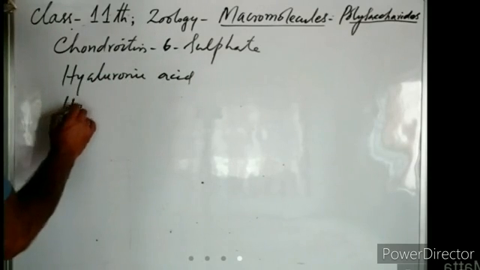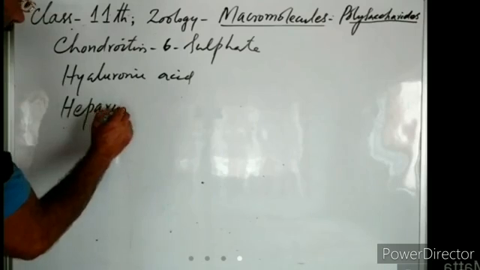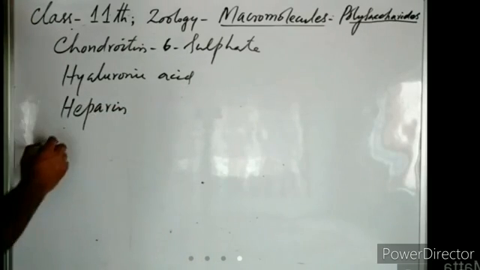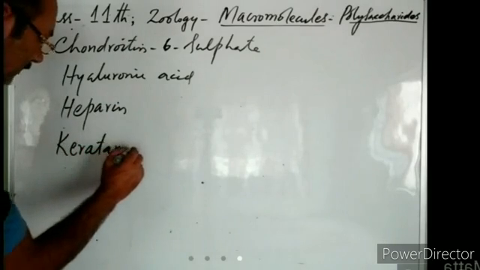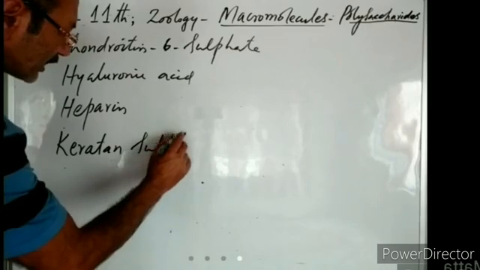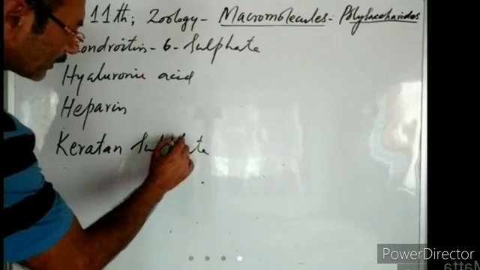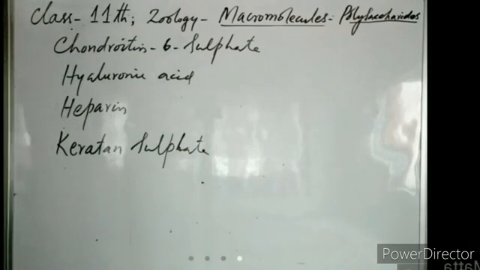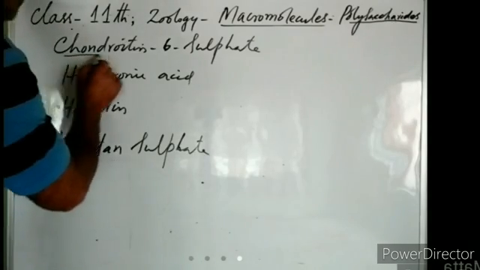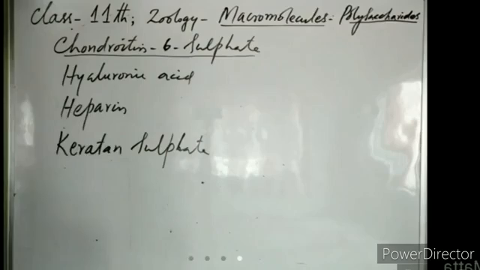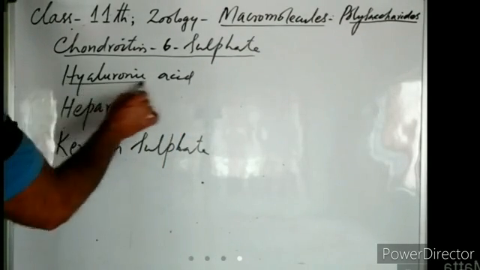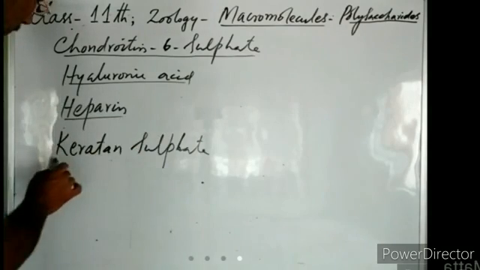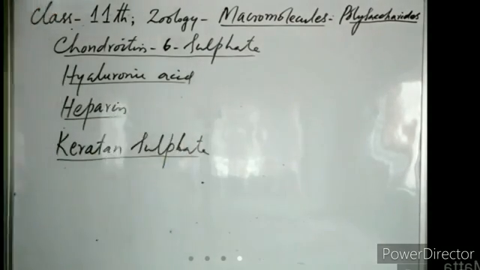Similarly, we have heparin, and keratin sulfate. So there are many mucopolysaccharides. I gave you the example of formation of chondroitin 6 sulfate, right? In the same way, hyaluronic acid may be formed, heparin may be formed, keratin sulfate may be formed, right?